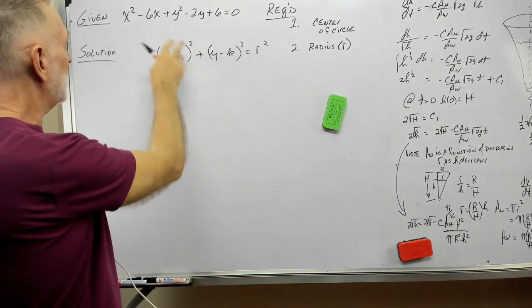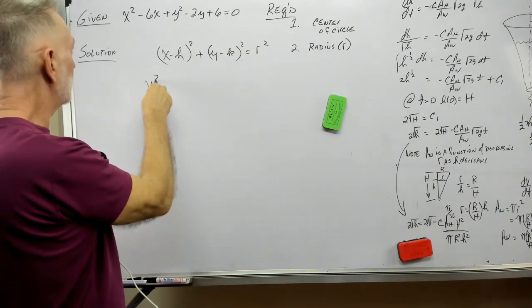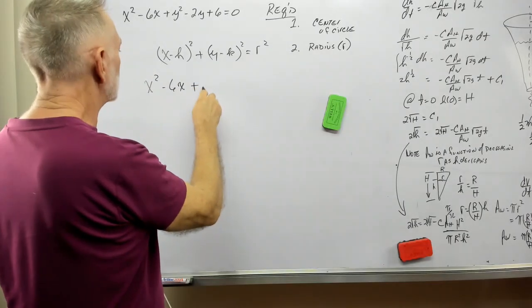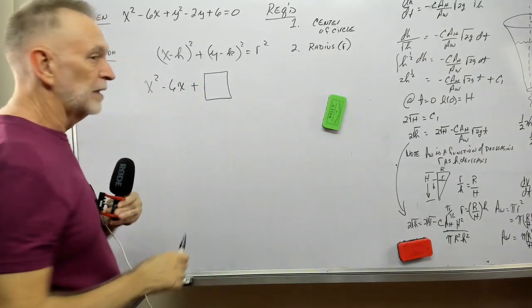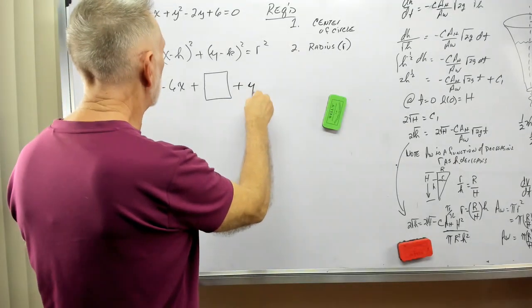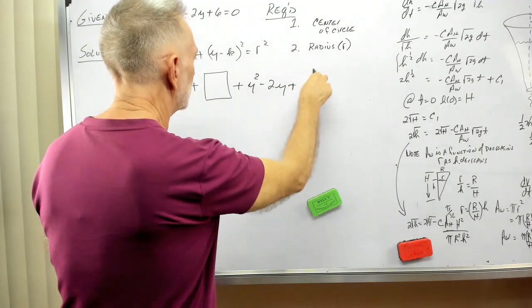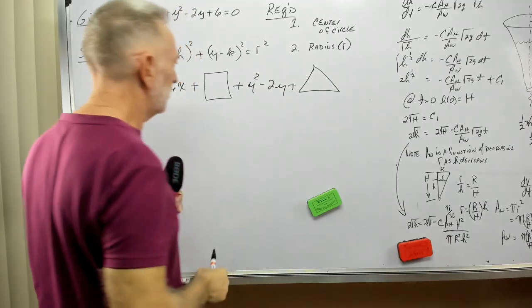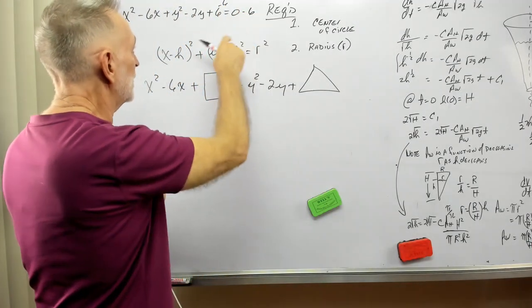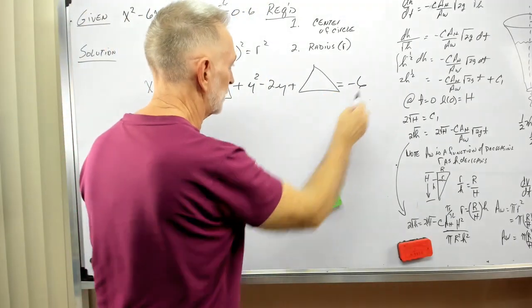Let's just do it. x squared minus 6x plus something, I'm going to complete the square, plus y squared minus 2y plus something. I'll put my something there. Now if I take minus 6, this 6 cancels, and that equals minus 6.